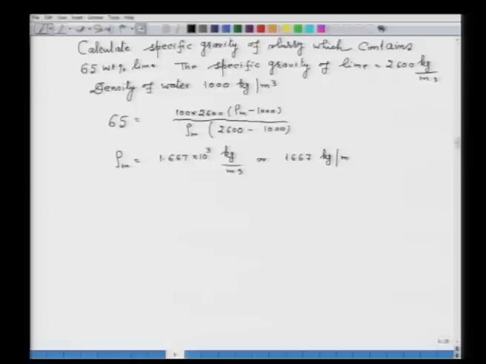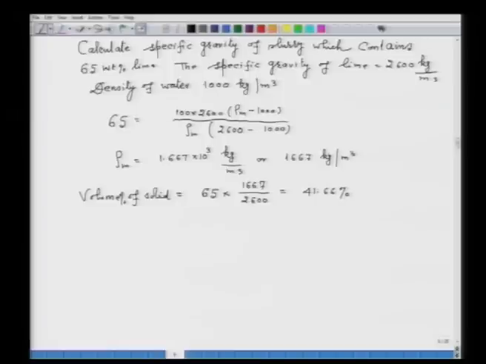Now, if I want to determine volume percent of solid in slurry, that will be equal to 65 into 1667 upon 2600, which is equal to 41.66%.